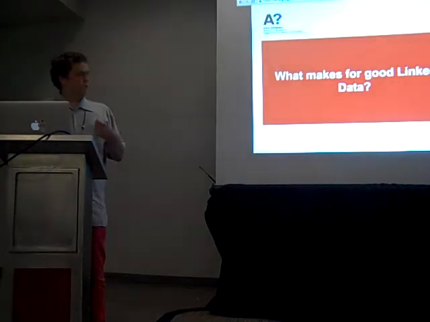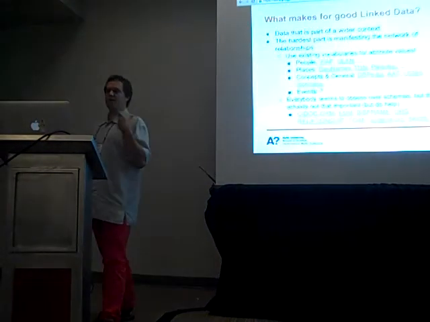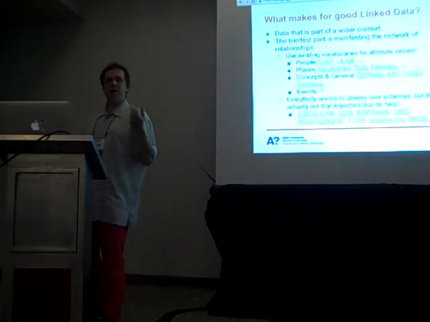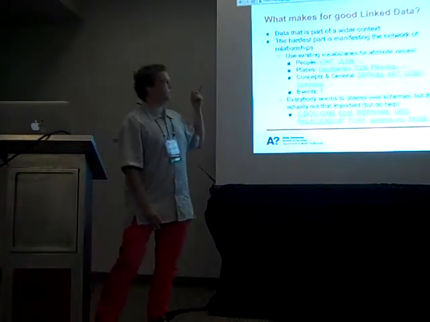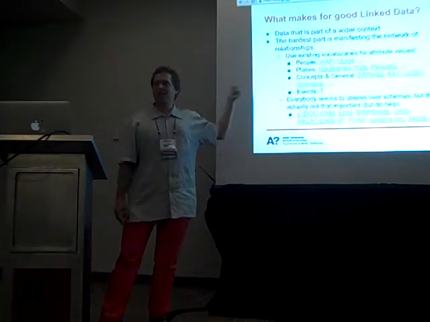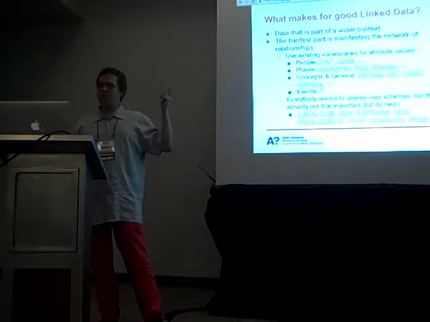And that also answers the question of what makes for good linked data. Good linked data is data that is part of a wider context, or can be made part of a wider context. But the hard part is manifesting, linking to that context. So actually Europeana data is currently very bad.